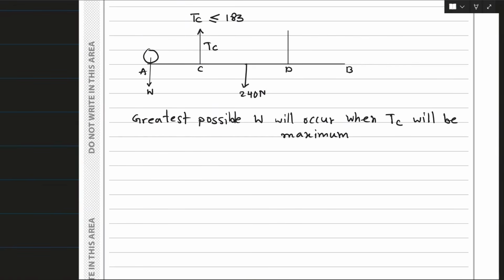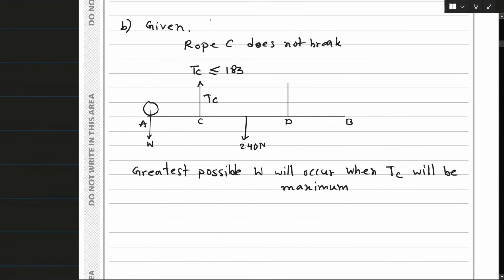So from this we see that in order to find out the maximum weight, we have to consider TC as 183. So in our case, as we are trying to find the greatest possible value of W, we will consider TC as 183 newtons.